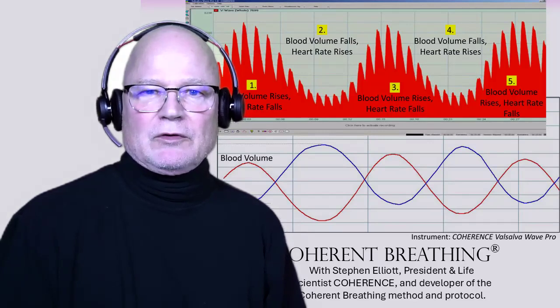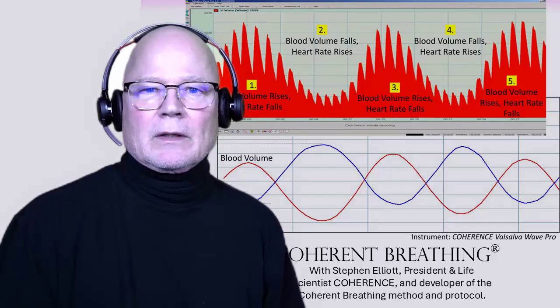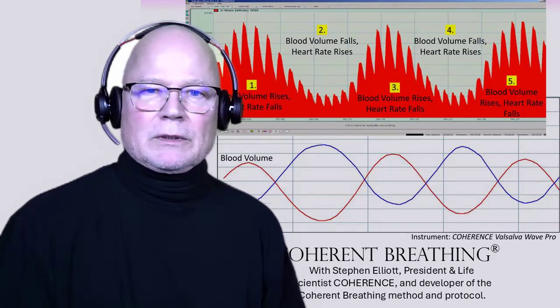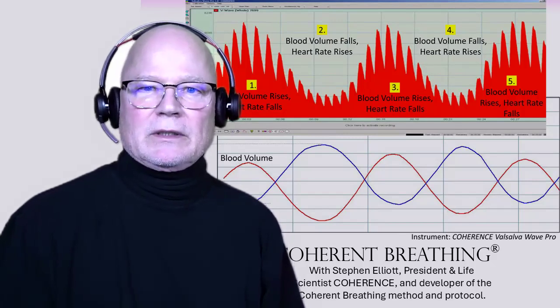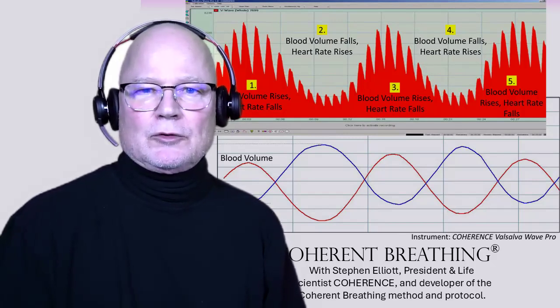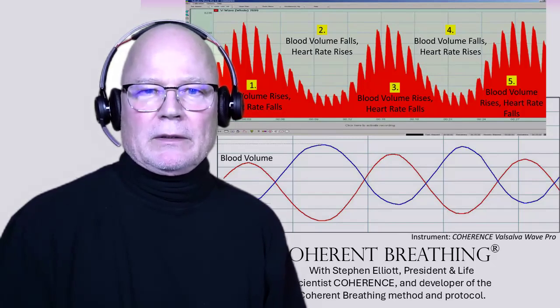So this is a view of blood volume and heart activity as viewed at the capillary circulation in the head. This is important because a key reason why the physiology of the human body is arranged as it is, is to aid in moving blood upward against gravity.